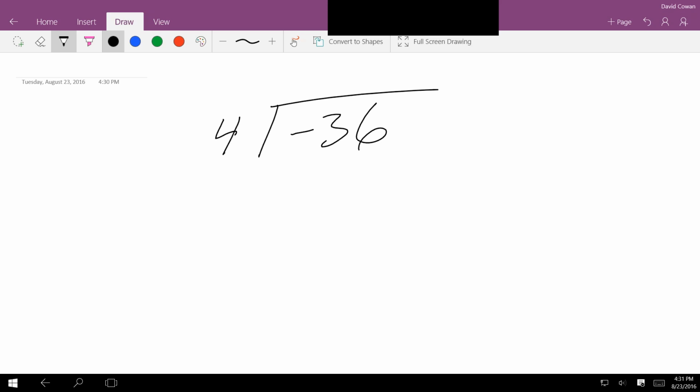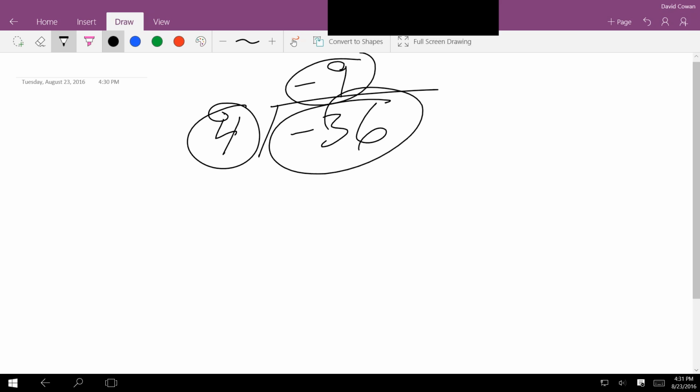What do these digits add to? Is it -12? What do those digits add to? 9. So it's divisible. That times that has to equal that.